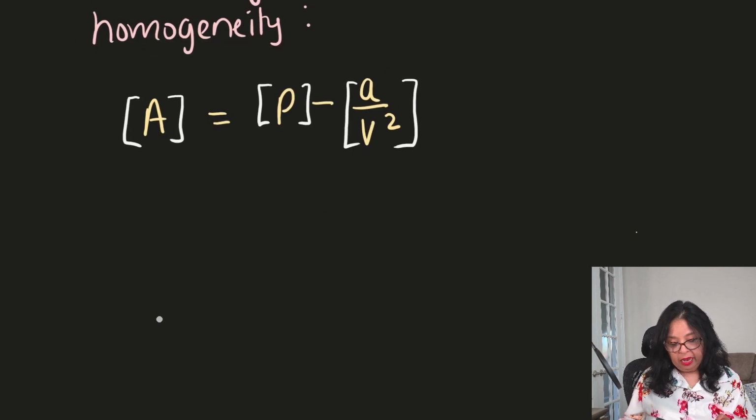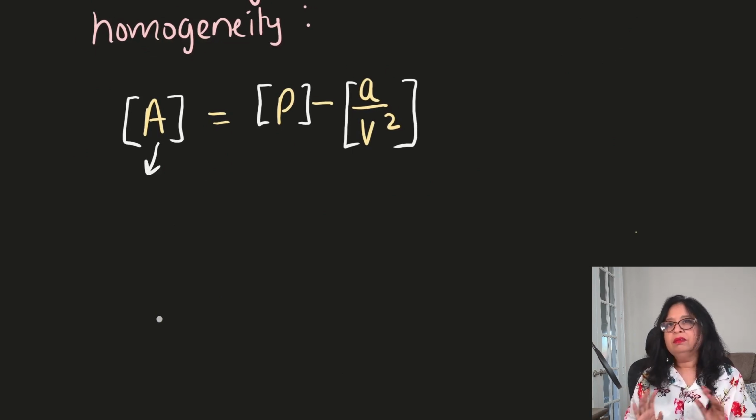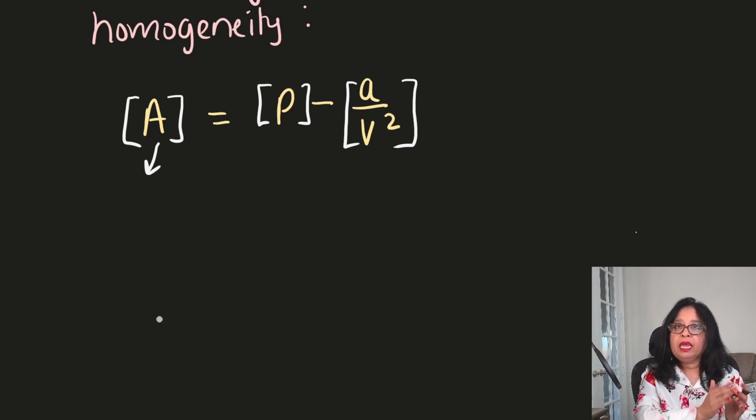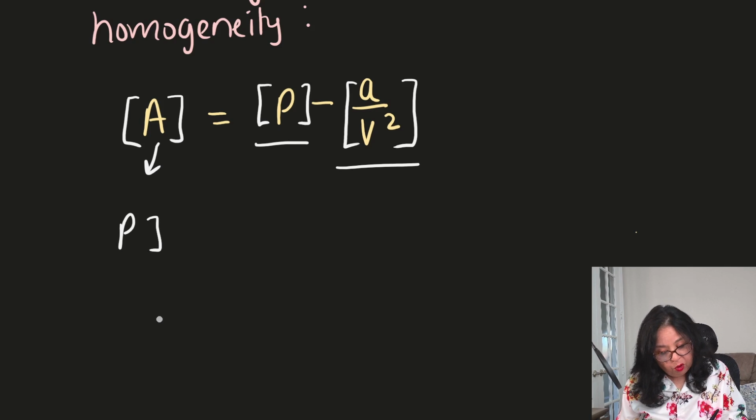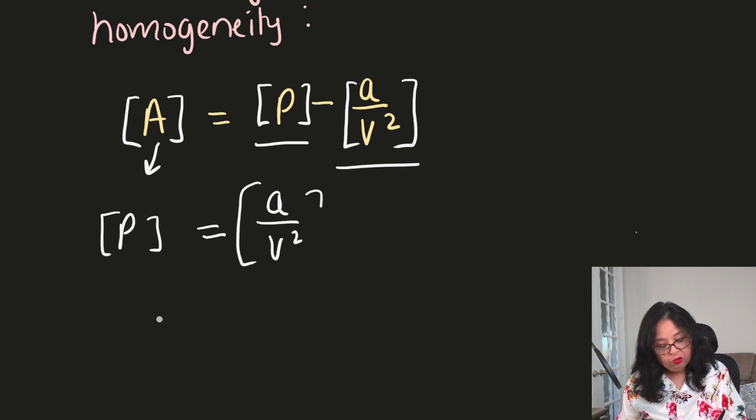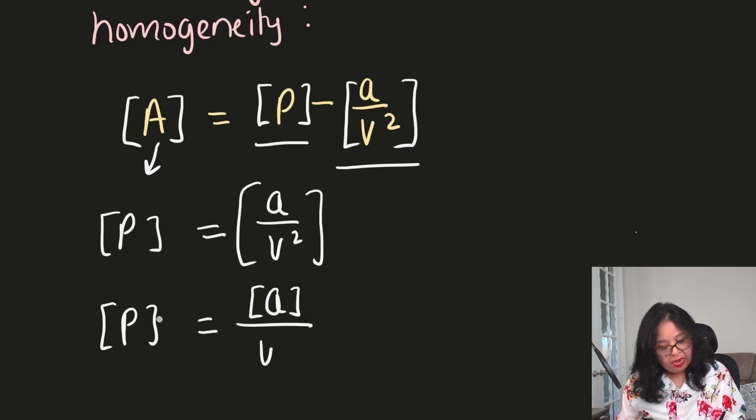Now, this A on the left-hand side is just an arbitrary name that I gave to the expression P minus A over V squared. So the dimensions of A are irrelevant to us. However, using the principle of homogeneity, we will say that the dimensions of P is the same as dimensions of A over V squared, which is the same as dimensions of P equals dimensions of A divided by dimensions of V squared.